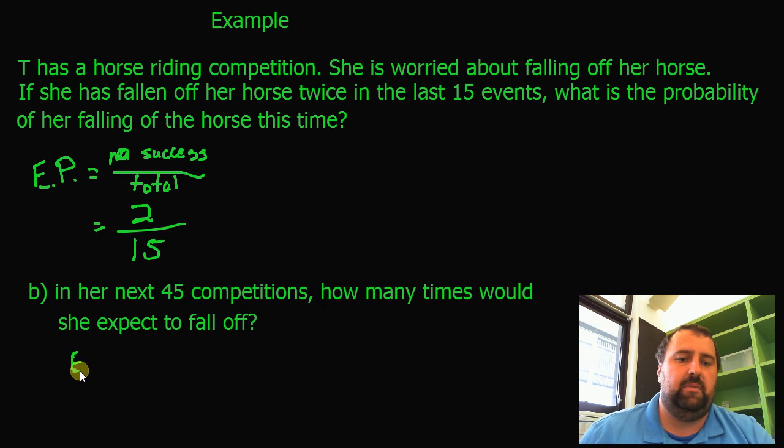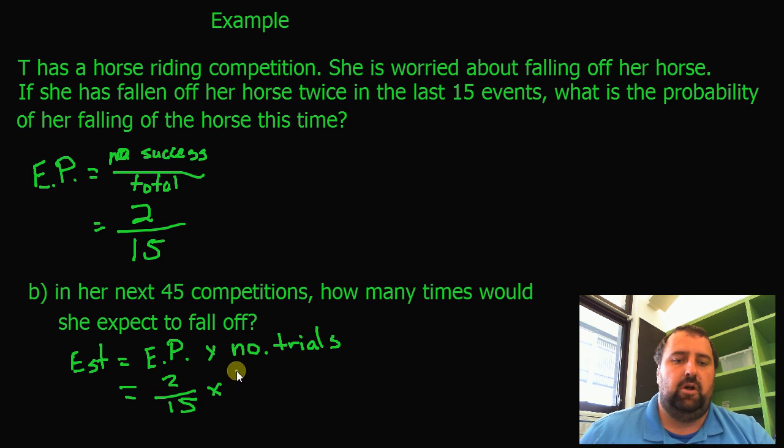Our estimate is the experimental probability multiplied by the new number of trials. So we're going to do 2 over 15 multiplied by 45 trials, which is going to tell us that she will expect to fall off about 6 times.